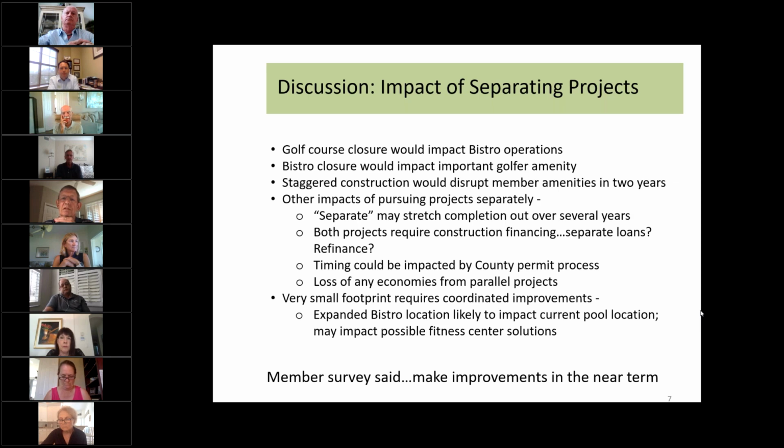Yeah, and I think another point is this question about the size of the footprint. It's basically a postage stamp we've got over there between the building and the tennis courts, and the idea of doing projects there sort of bit at a time seems inefficient and likely to result in a suboptimum result.